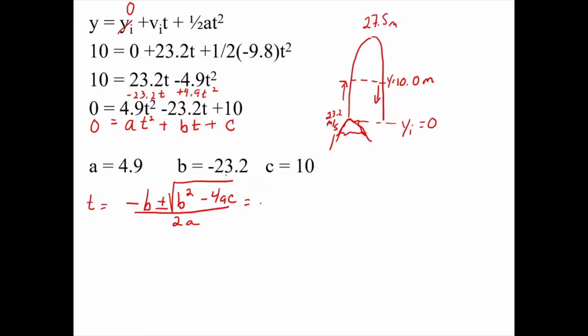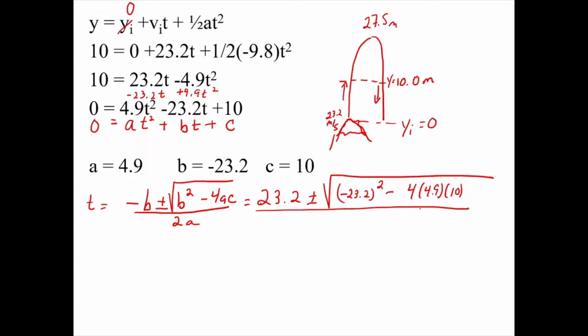So it'll be, now the negative of negative 23.2 is 23.2 plus or minus the square root of negative 23.2 squared, and that'll square out, minus 4 times 4.9 times 10, all over 2 times 4.9. And this will take some time. You know, I understand quadratic formulas take some time. We wouldn't have them on every single problem on a test or an assignment anyway, but you might see one.